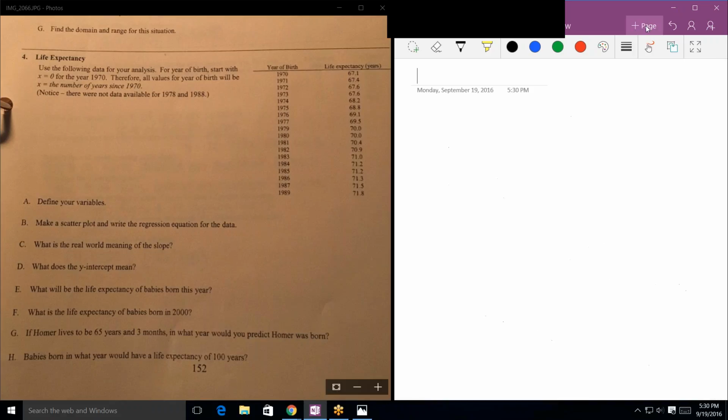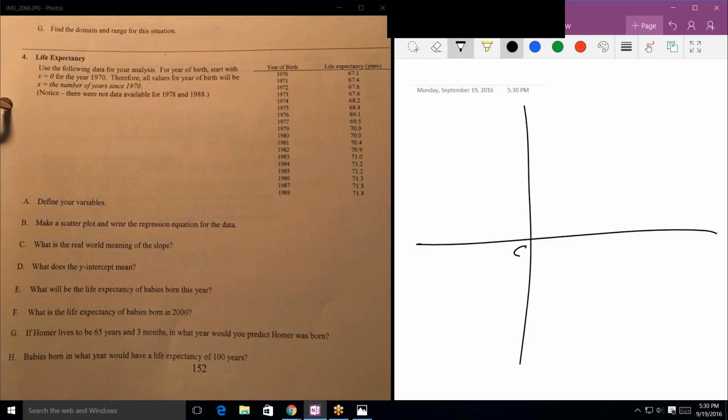In other words, the graph goes like this. The x-axis goes from 0 to 19, and the y-axis goes from 67 to 71.8. But notice that it starts at 67.